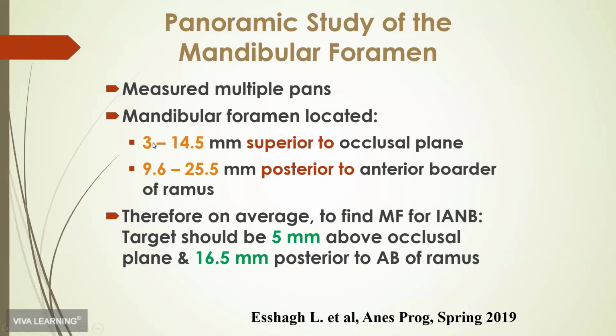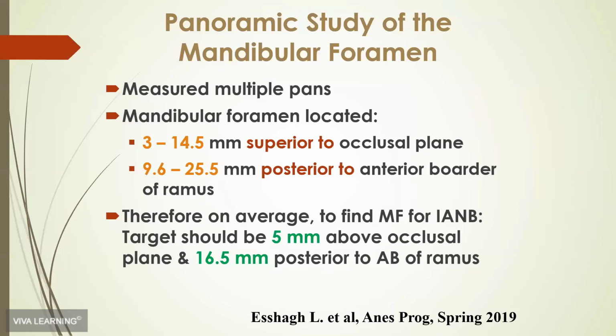It can be from 3 to 14 millimeters above the mandibular occlusal plane, and it can be 9.6 to 25.5 millimeters posterior to the anterior border of the ramus. So there's this huge variability of where the inferior alveolar nerve enters the ramus, and that can really make it difficult for us to put the local anesthetic where we want it to be.